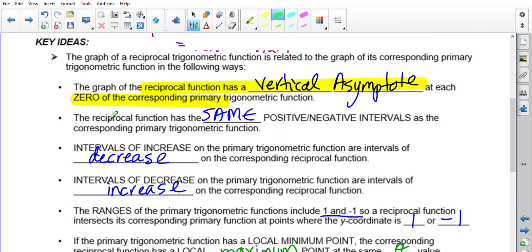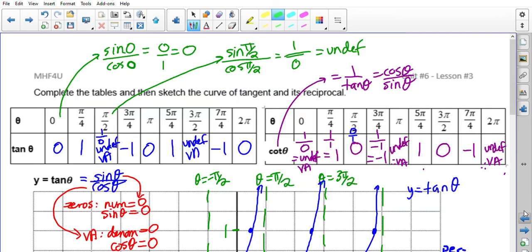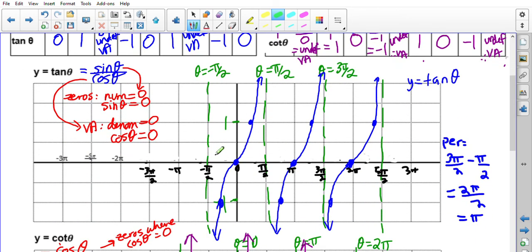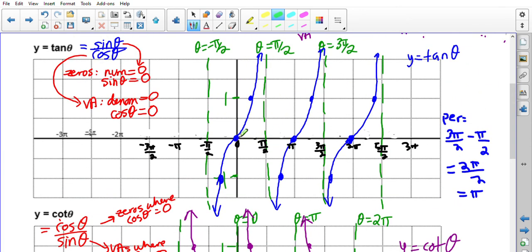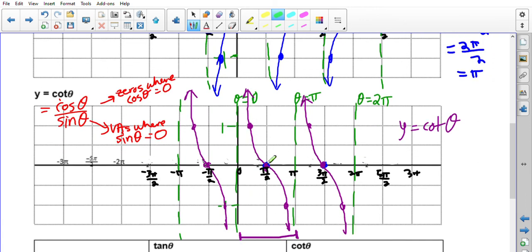You should notice that the reciprocal function had all the same positive and negative intervals. If we go back up, from 0 to pi over 2, the primary function was above the x-axis, and for the reciprocal from 0 to pi over 2, it too was above the x-axis.